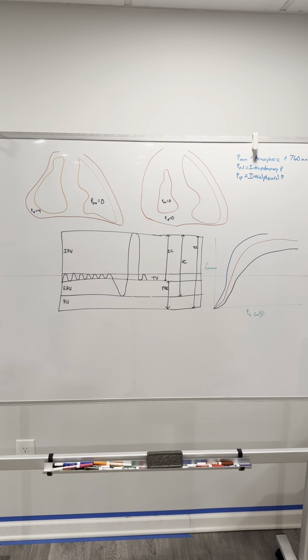So if intrapleural pressure equals intrapulmonary, or if intrapleural equals atmospheric, then the lungs would collapse. Okay, so we need to keep a negative intrapleural pressure to keep the lungs expanded. Okay, so that's what this is showing here.